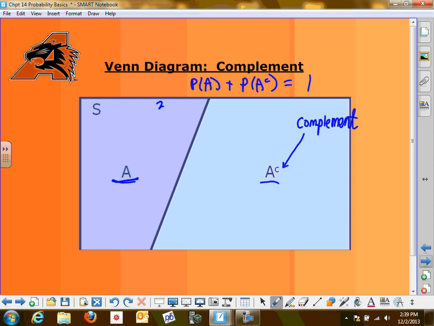If I say that this section is 35% of the data, then this little C right here notates the complement. That's the other portion that is not A. So the complement is the not A. So if the A is 35% of the data, then how much is the complement? 65%, because I know those total up to 1.